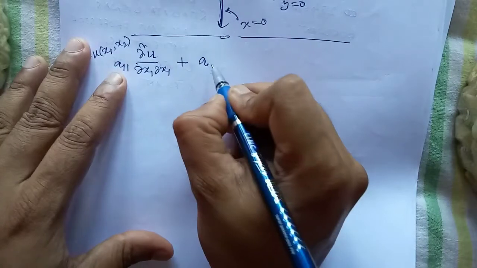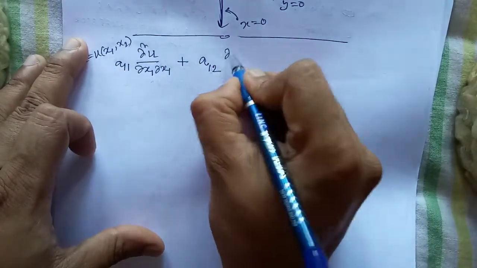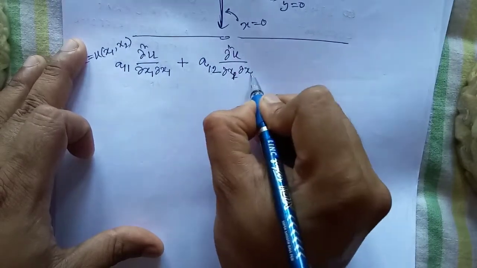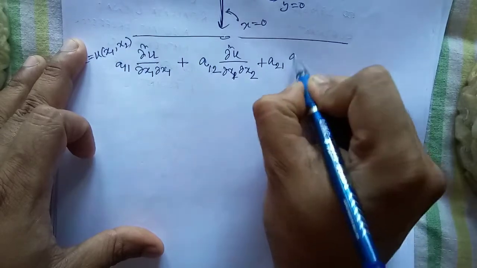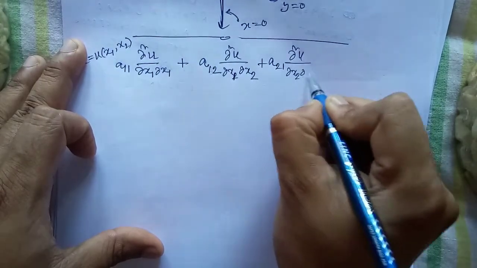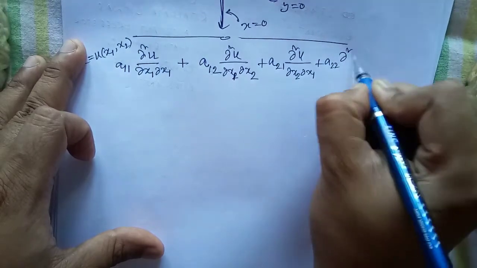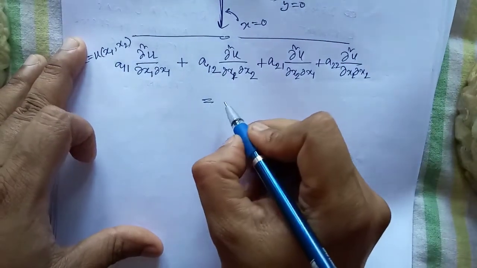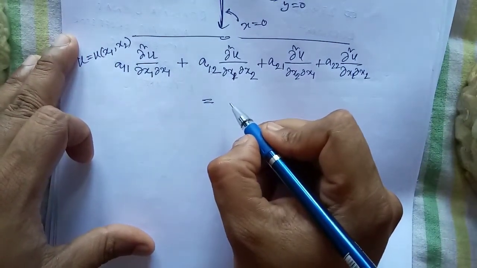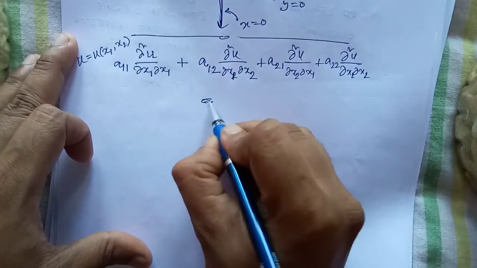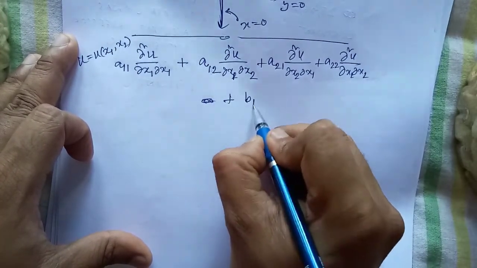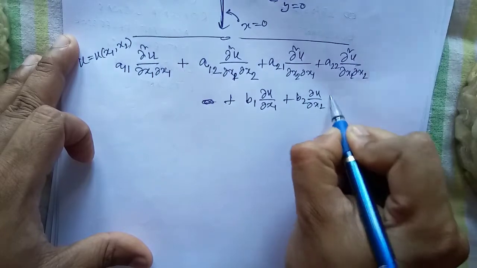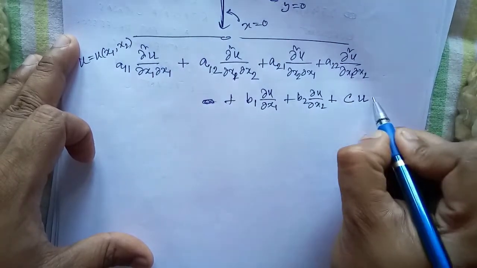Sorry, this is not a constant, this is some function: a12 del 2u del x1 del x2 plus a21 del 2u del x2 del x1 plus a22 del 2u del x2 del x2, which is equal to some combination of first order differentiations, or write plus b1 del u del x1 plus b2 del u del x2 plus some c multiplied with u is equal to 0.